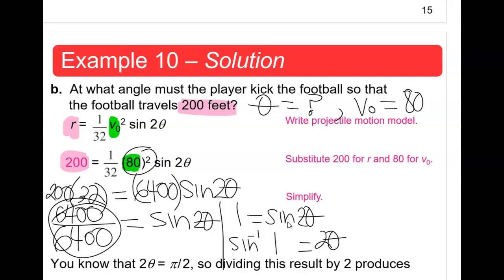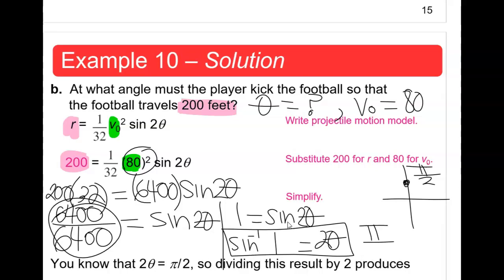And let's see in what quadrant is the sine equal to 1. And that actually happens at pi over 2. And that one is the solution of 2 theta.